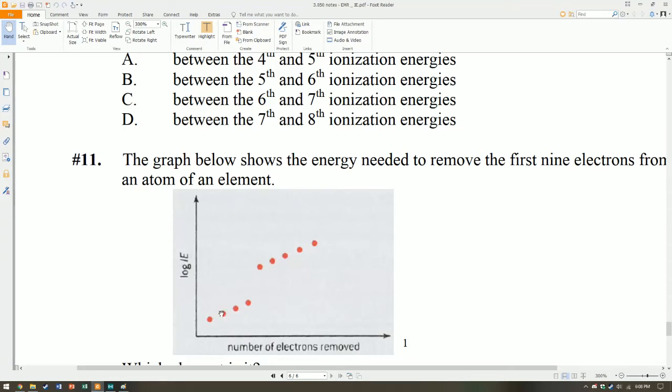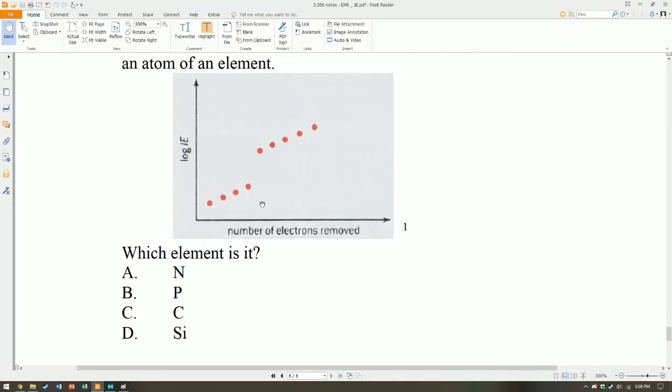There's a sudden jump here, and that jump corresponds to the energy level below, the previous energy level from the valence one. From that we can also deduce what element it is. Since here we see a jump at ionization energy number 4, that's probably carbon.